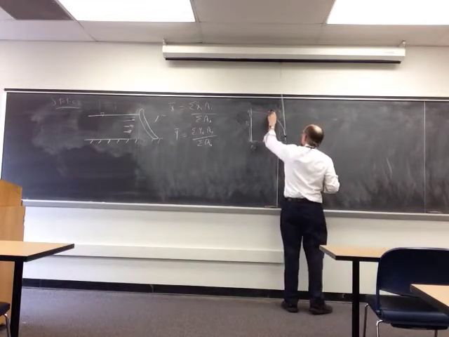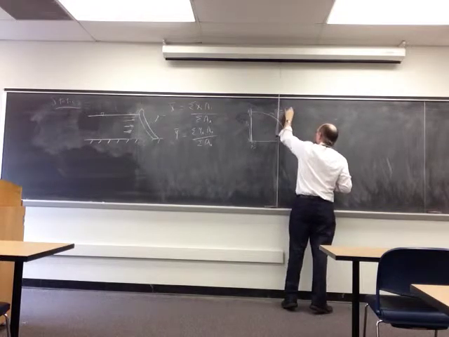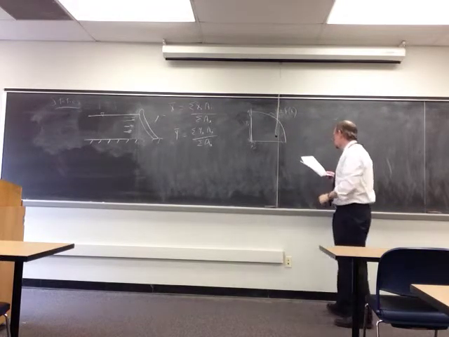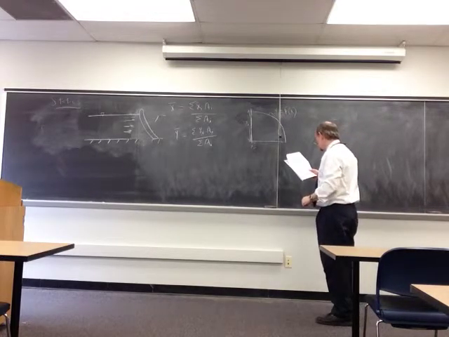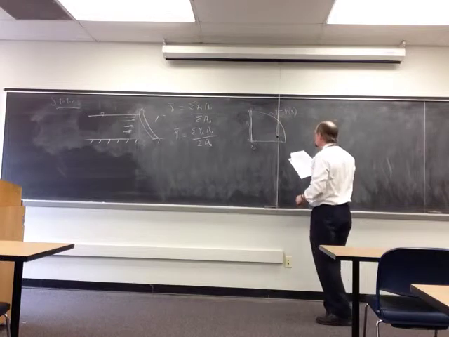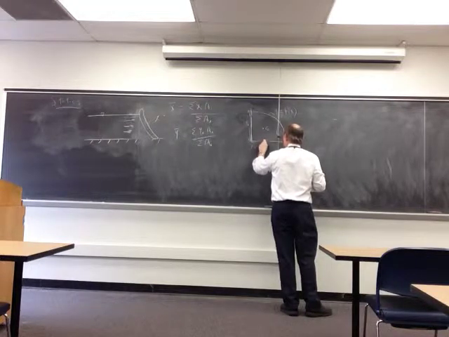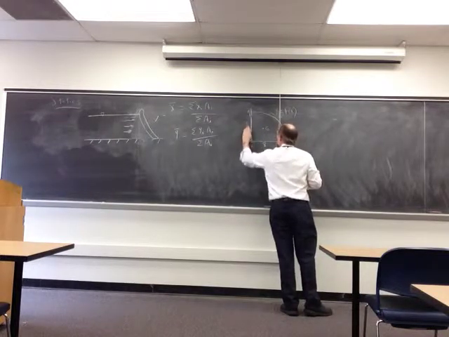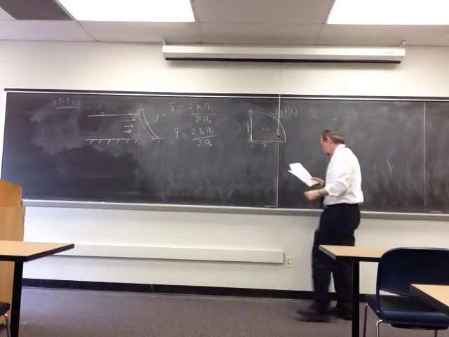And this line is defined by some function so that y is equal to some function of x. And we're going to try and find the center of gravity. We want to find x bar and y bar. That's what we're going to try and find.